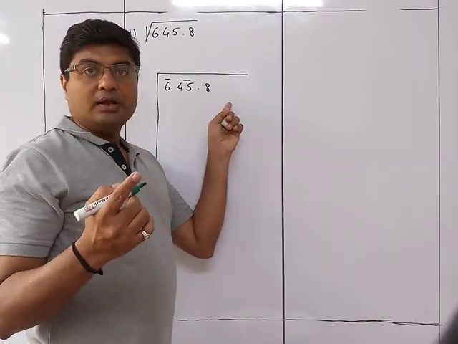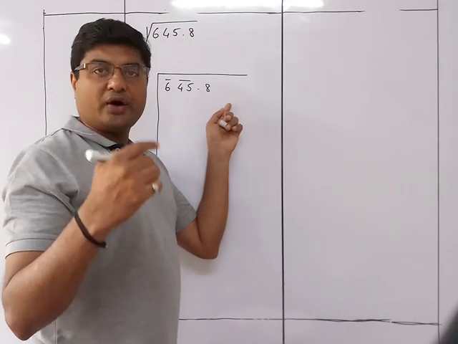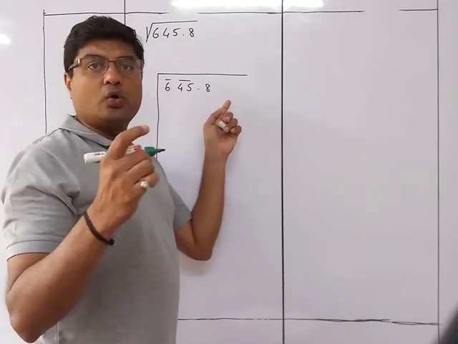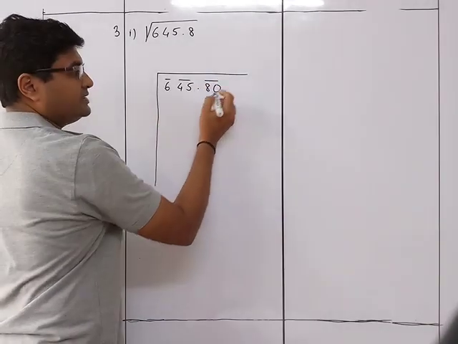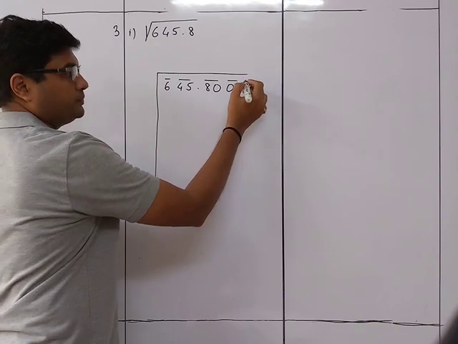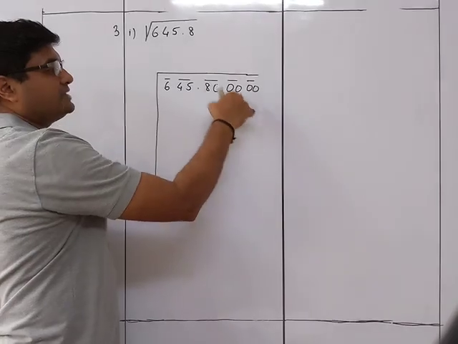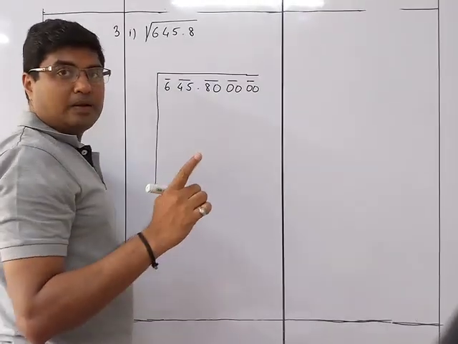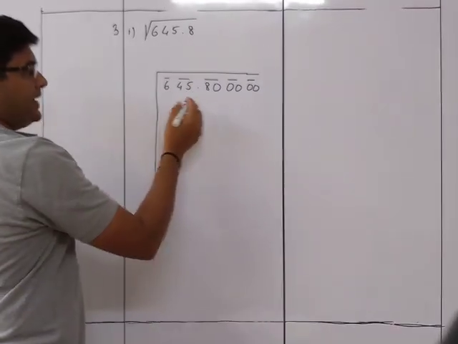But as I told you, you need to go to 3 decimal places and then round up the answer. Hence we'll go for 3 pairs. That means the first pair will be 8 0, the second pair will be 0 0, and the third pair will be 0 0. Understood? So in this way, my answer will have 3 decimal places. Now let's see what is to be done.